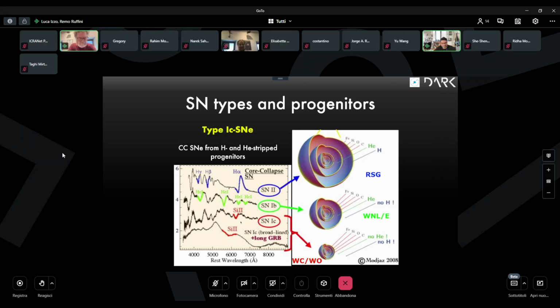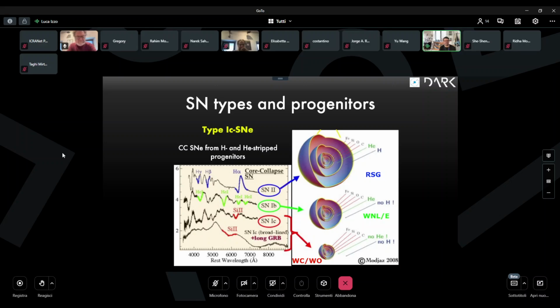And subclasses of these events that are associated with carbon-oxygen Wolf-Rayet stars are characterized by broad lines with large velocities, which can be determined from the minimum of the absorption lines, especially of silicon II and the iron lines at 5,000 angstrom, which is an indication of large expansion velocity, but also large dispersion velocity.